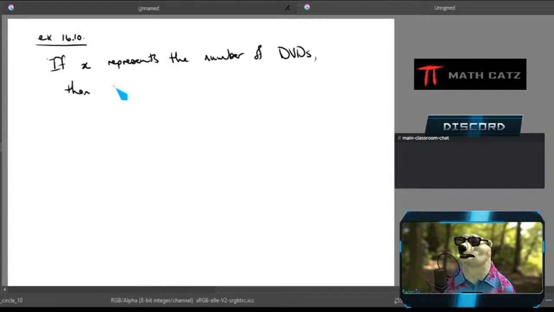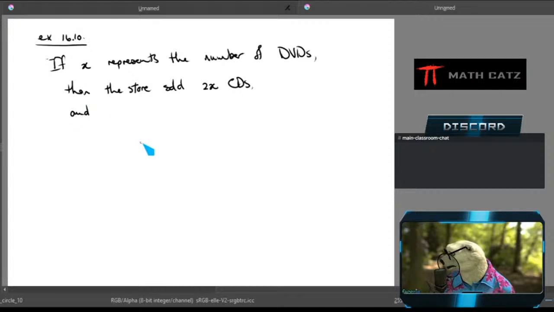So if X represents the number of DVDs, then the number of CDs, they say a store sold twice as many CDs as DVDs. Then let's say here the store sold 2 times X CDs and 25 fewer tapes than CDs.